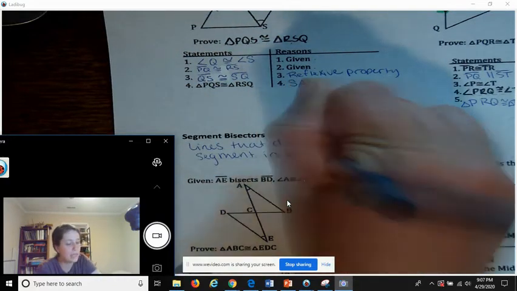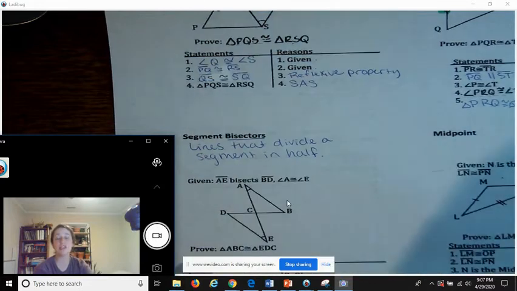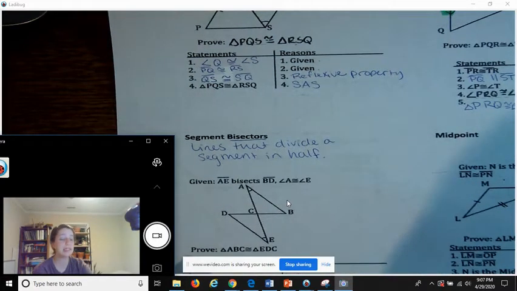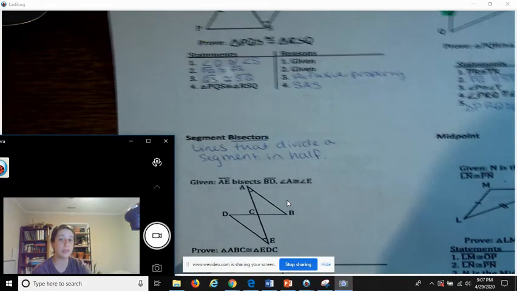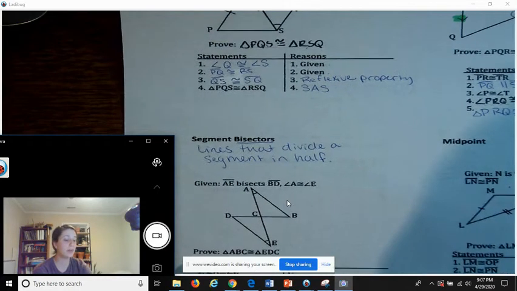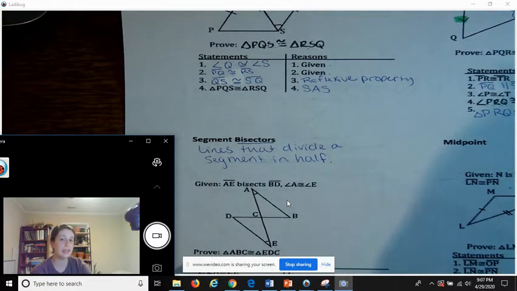Okay, bisector means to split something into two separate pieces, specifically two equal pieces. So segment bisectors, it doesn't necessarily have to be a line, I guess, it could be a point that divides a segment in half.